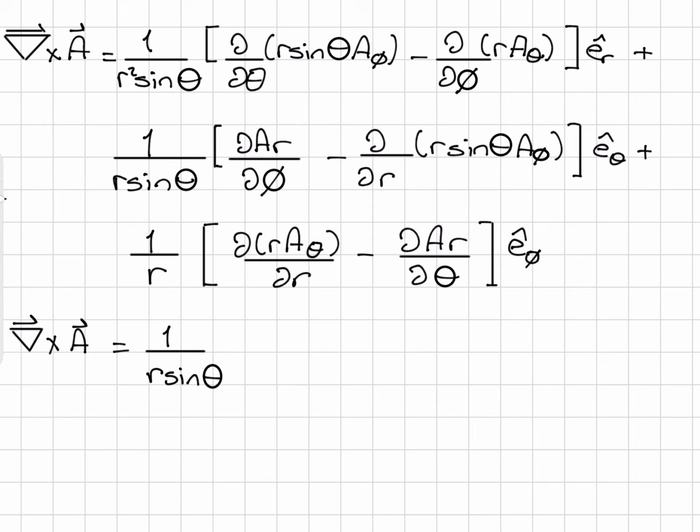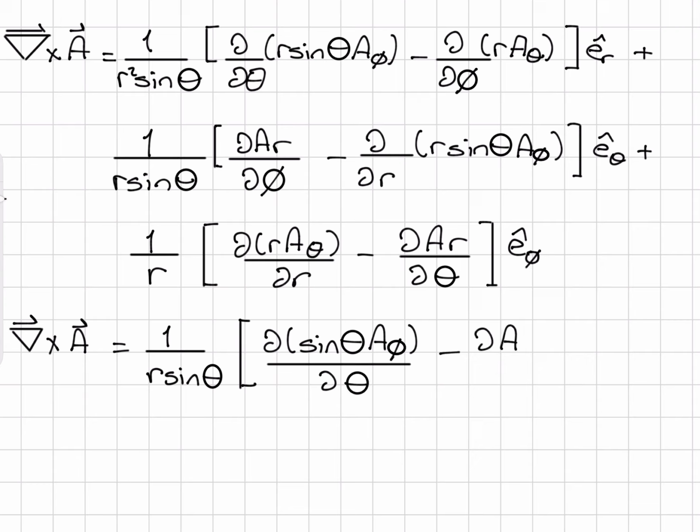So 1 over r sin theta parentheses, I have ∂(sin theta A_phi)/∂theta minus ∂A_theta/∂phi in the e_r hat direction.